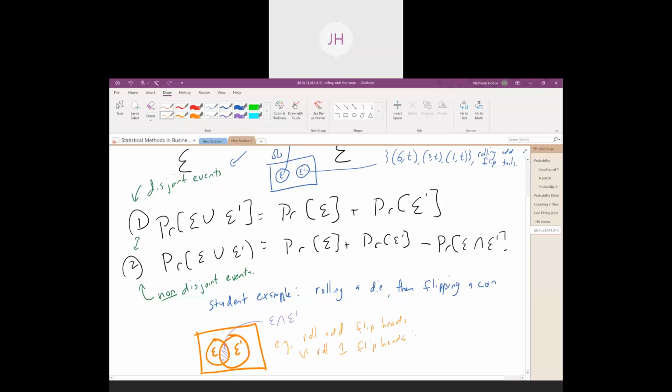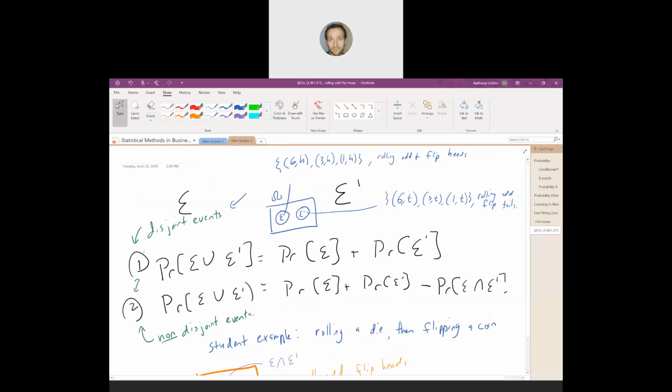So there's an overlap between the two. Where in the second case, these things depend on each other. Rolling a one and flipping heads is a part of the possible outcomes of rolling some odd number, any odd number, and flipping heads. So these lie on top of each other, whereas up here they don't. And so this is the difference between 1 and 2.